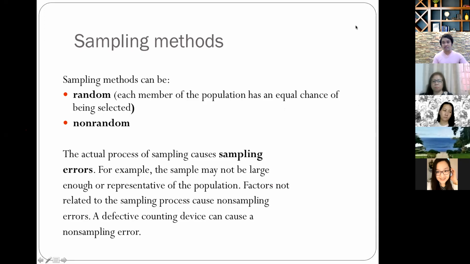Ginagamit lang ang non-random or non-probability sampling design if your research would utilize respondents or sample size that are limited in size, limited in number. So pwede ka nang mag-non-random, pwede mo na silang kunin lahat.